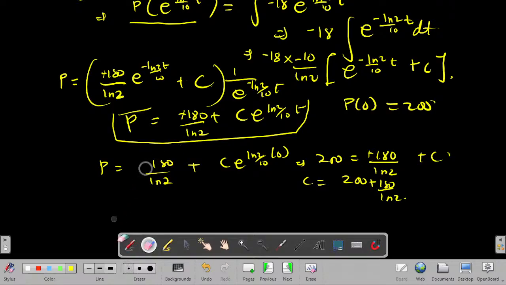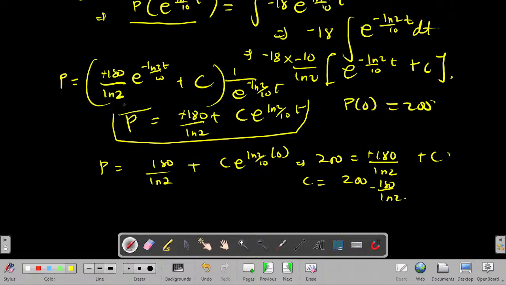Then I have 200 minus 180 over ln 2. So you rather make it 200 minus the expression of 180 over natural log of 2.